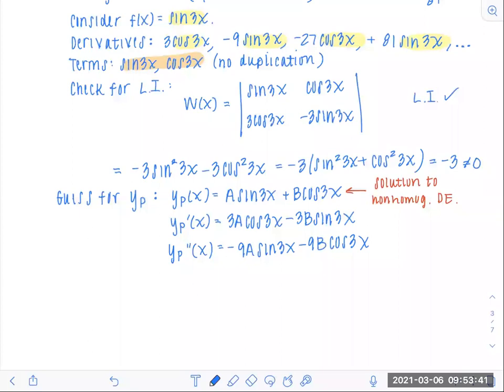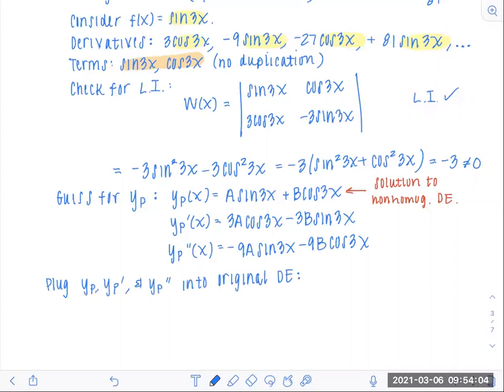All right, so here are all of our derivatives. And now I'm going to plug this into the original. So plug yp, yp prime, and yp double prime into the original DE.